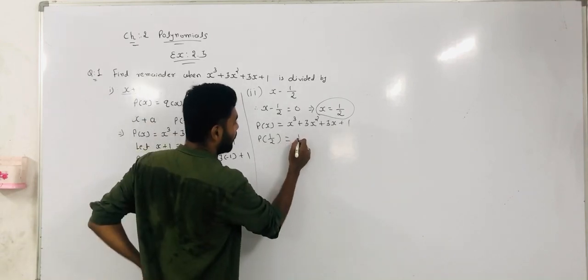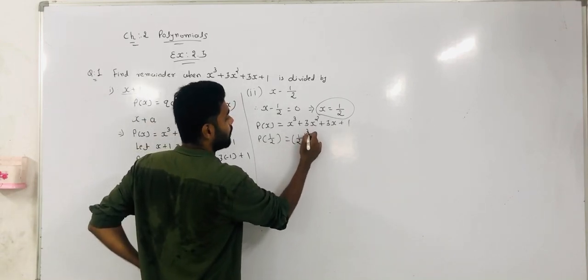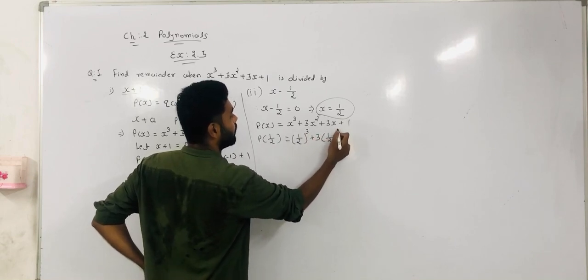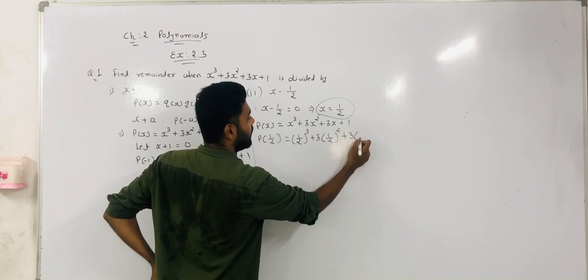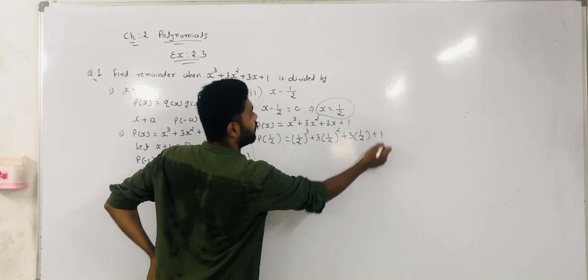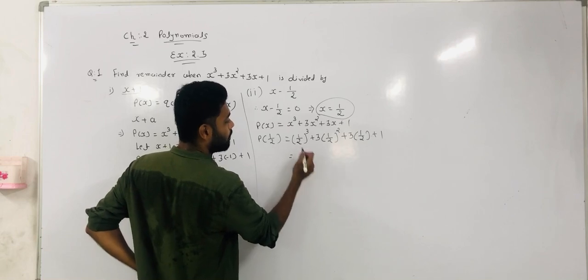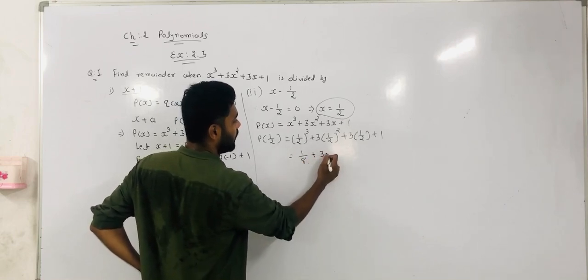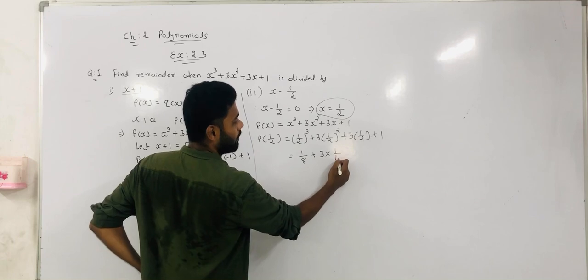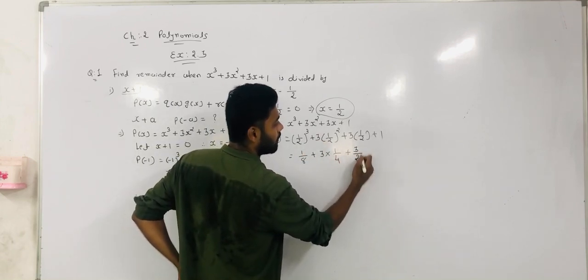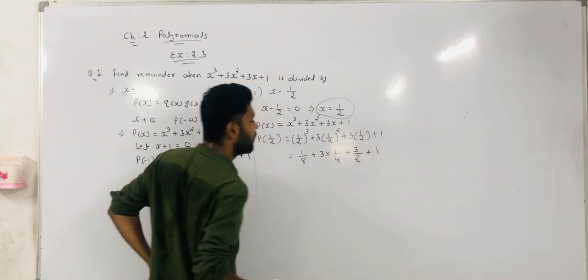So you will get 1 by 2 cube plus 3 into 1 by 2 square plus 3 into 1 by 2 plus 1. So 1 by 2 cube, 1 cube is 1, 2 cube is 8, plus 3 into 1 by 4 plus 3 by 2 plus 1.